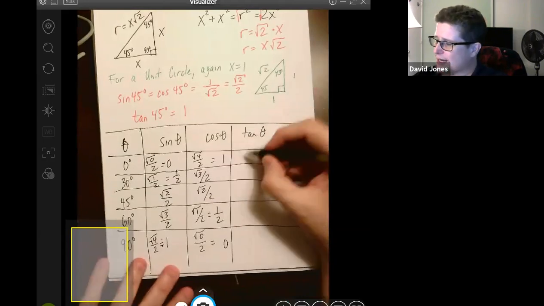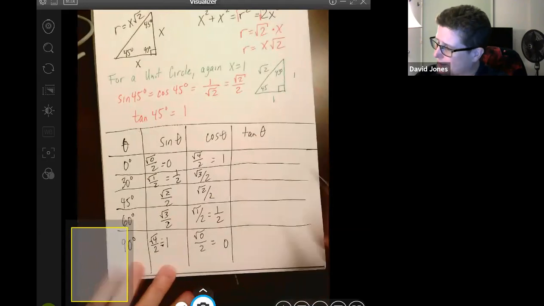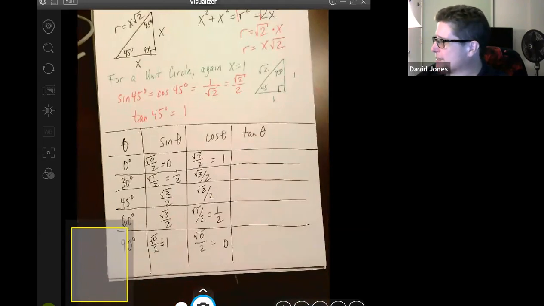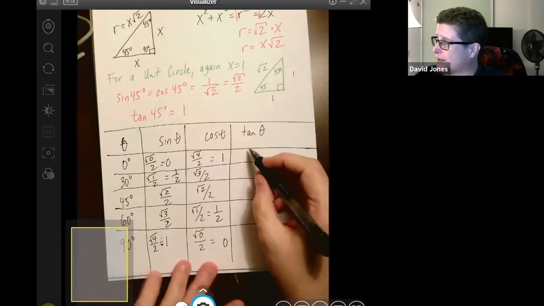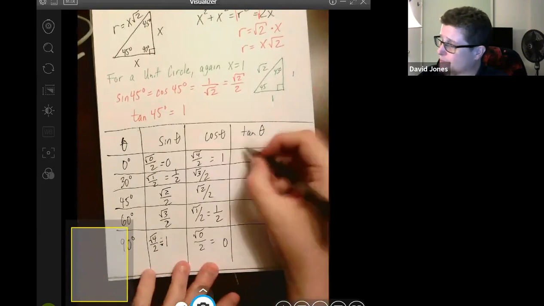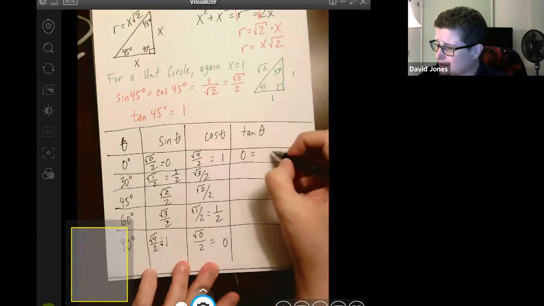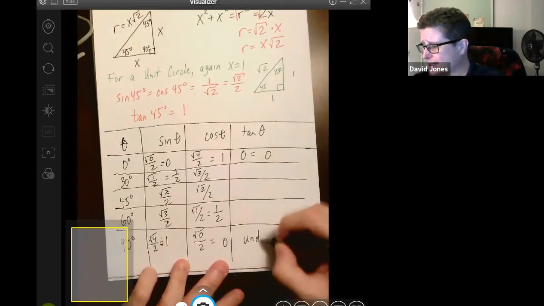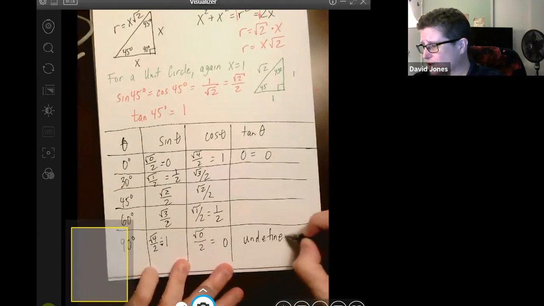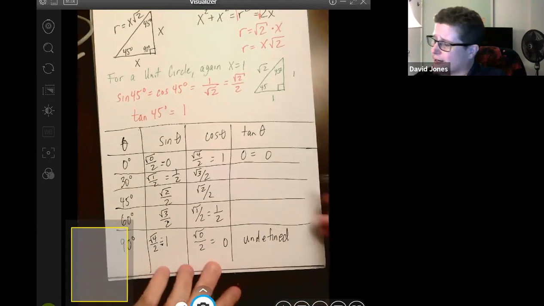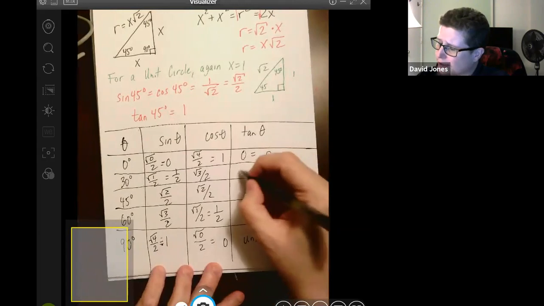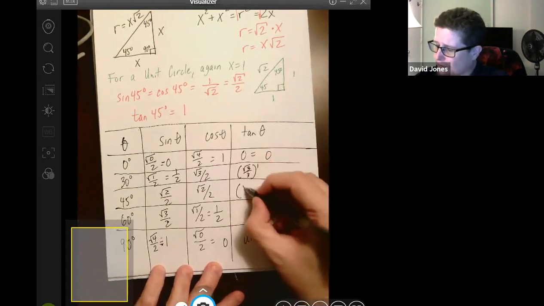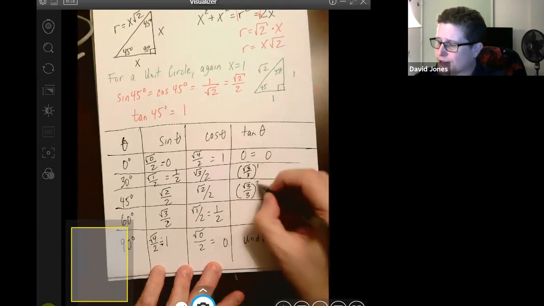And tangent of theta, I can write this as a pattern. It's not all that helpful. 0 equals 0. And this one's always undefined because it's sine over cosine and cosine is 0. I can really write this as root 3 over 3 to the first power. And this is dumb. I wouldn't do this.